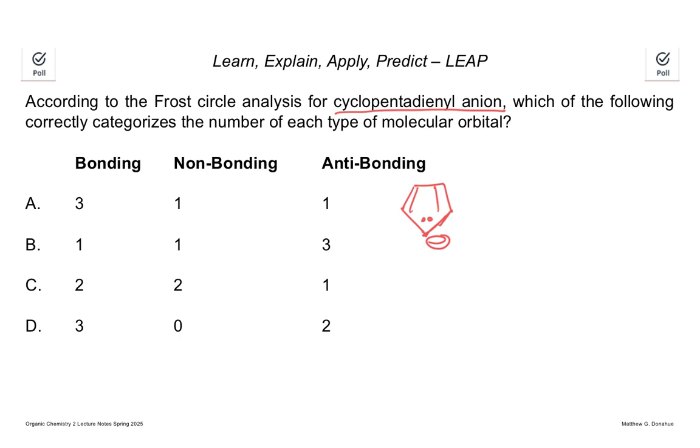So there's the anion. And now, in my opinion, this is where the learning tool sort of breaks down. So again, we're following the vertices.